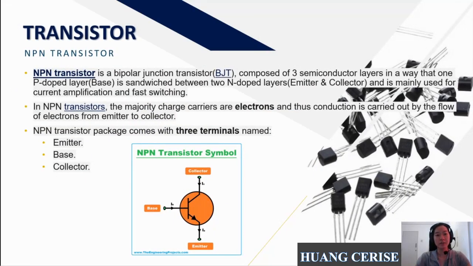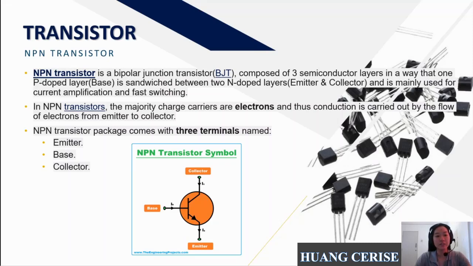Next, the main component is the transistor. The NPN transistor is a bipolar junction transistor which is composed of 3 semiconductor layers, in a way that one p-doped layer, which is the base, is sandwiched between 2 n-doped layers, the emitter and collector. It is mainly used for current amplification and fast switching.